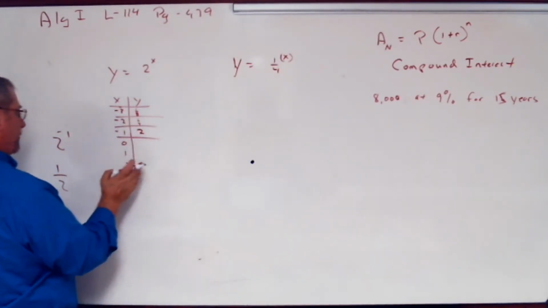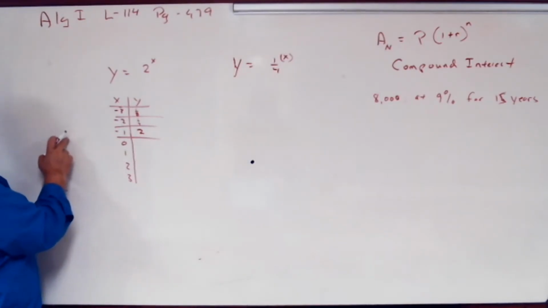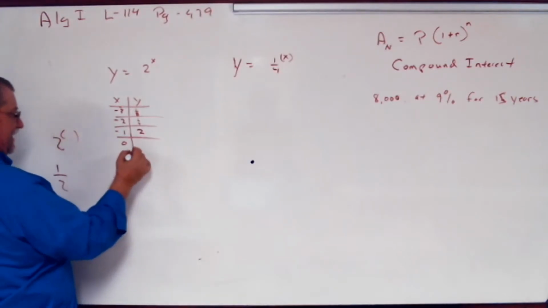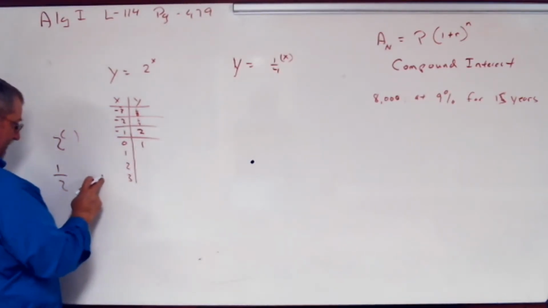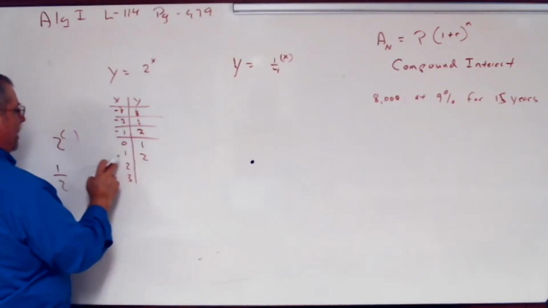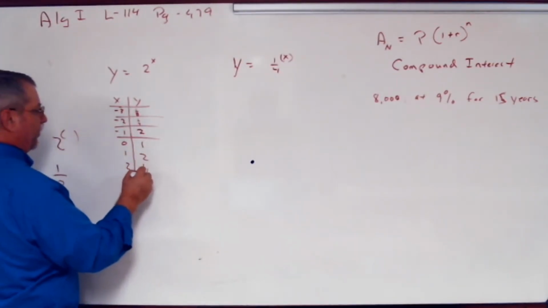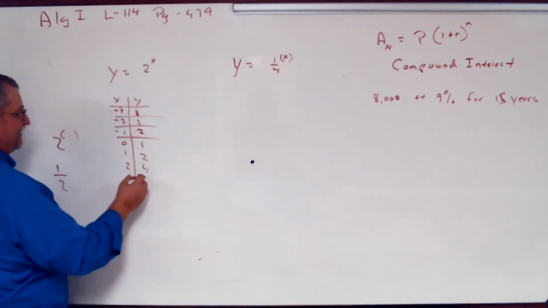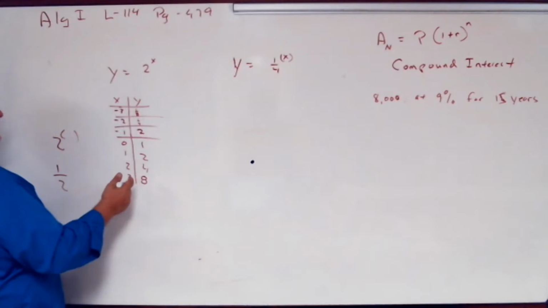If I put a 0 in here, anything to the 0 power is 1. 2 to the 1 power is 2. 2 squared is 4. 2 to the 3rd is 8. Now, do you notice anything here?